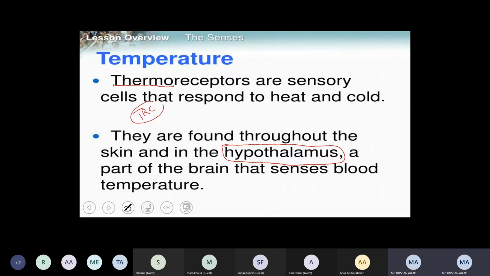It is present in the brain, and to be specific, the hypothalamus. Since it is an internal body part, it is already associated with the blood, so the hypothalamus can directly monitor and sense the temperature of the blood. Clear?